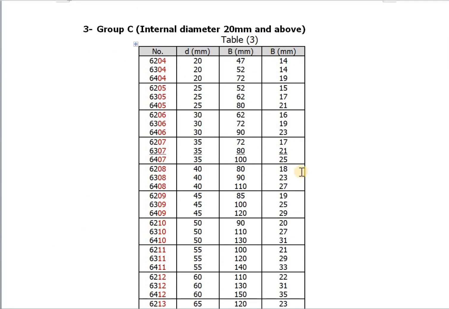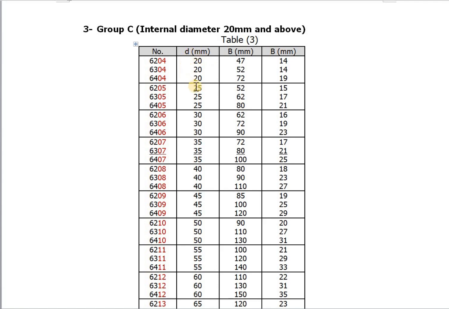Come back again. From 04 and above, we multiply this number by 5. For example, 04 multiplied by 5 is 20, 04 multiplied by 5 is also 20.